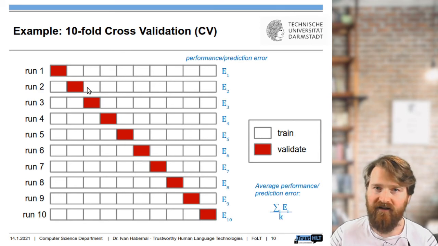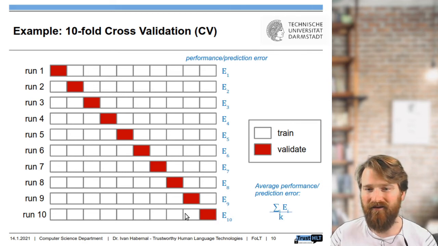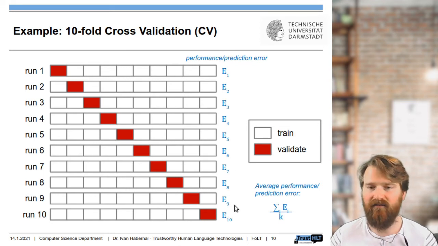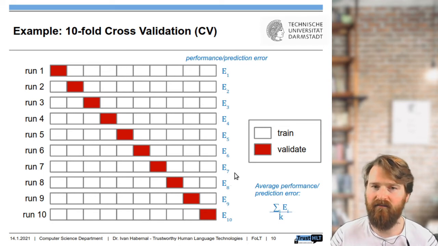So this is not rocket science. Basically, we need to go through the loop and evaluate on each fold and train on the others. And then we take these errors, and the final model performance is measured as the average. So we take the 10 errors, sum them up and divide by the number of folds, 10.